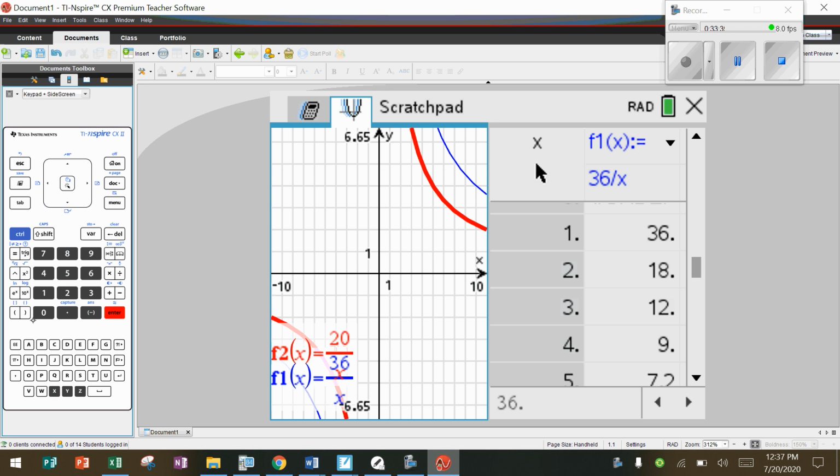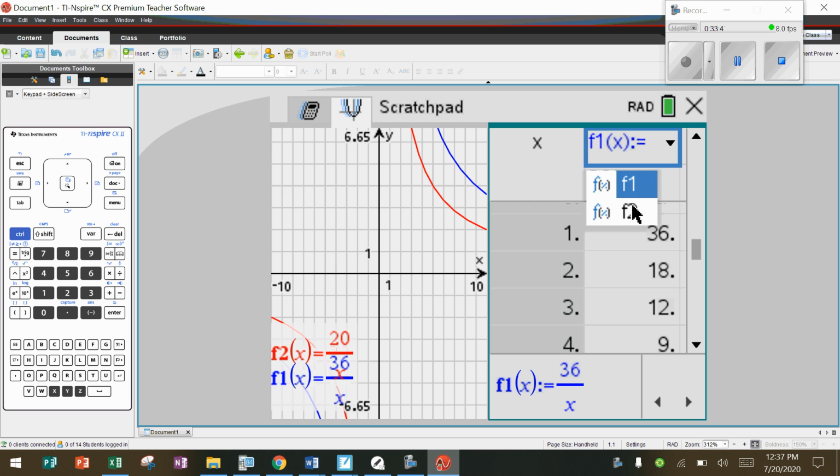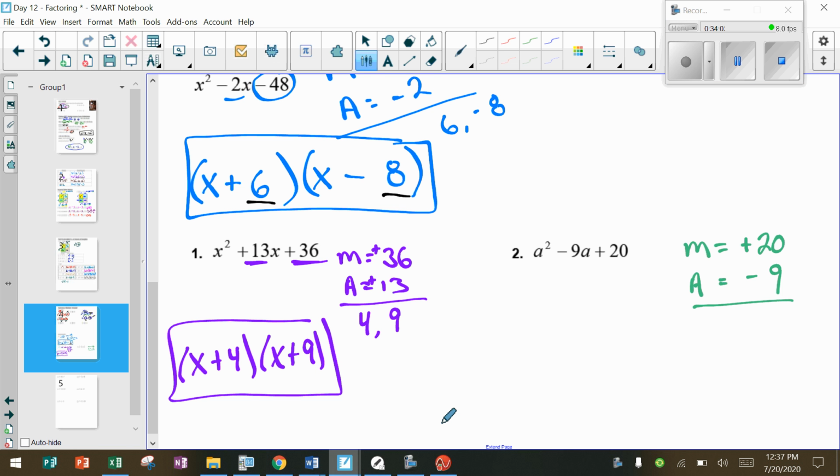And then we have our table here. I'm going to use this drop down arrow, use my cursor, get this drop down arrow, and select F2, and there's my 20 divided by x. Now somehow I need my two numbers to combine to be a negative 9. So if they're going to multiply, you got to think about this logically. Two numbers that multiply to be a positive.